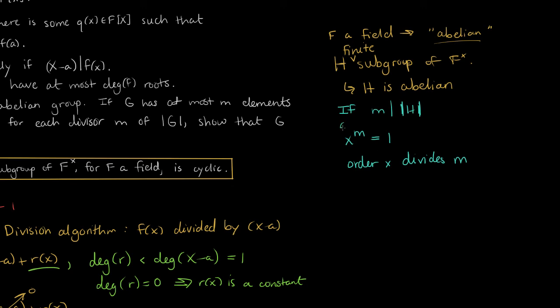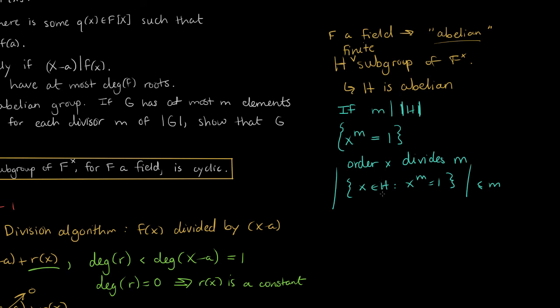So if we consider the set of all x such that x to the m equals 1, this is going to be all the elements for which it's true. So we want to show that the set of x in H such that x to the m equals 1, that the order of this set is going to be less than m, or equal, at most.